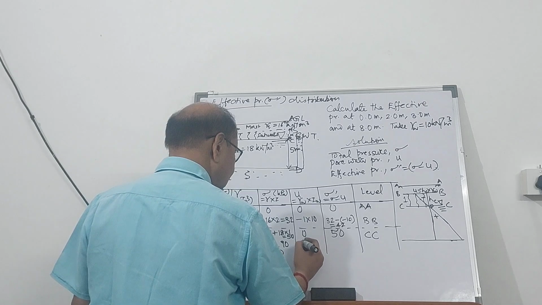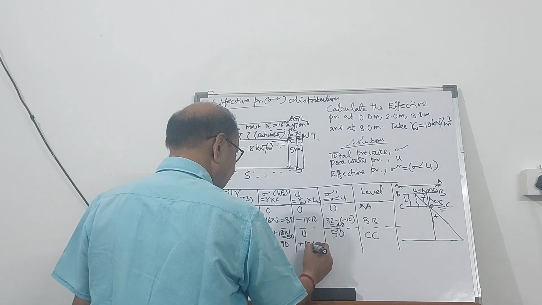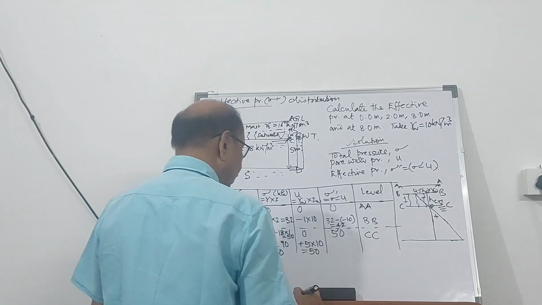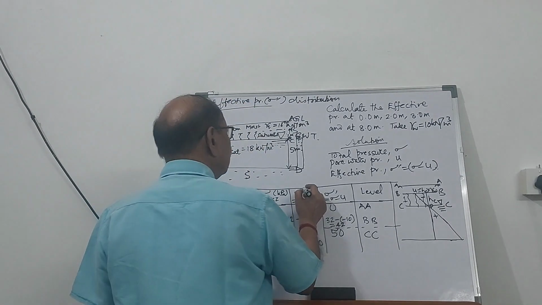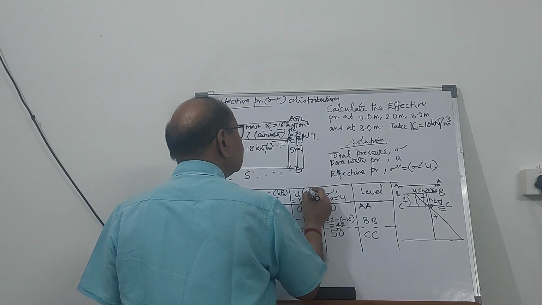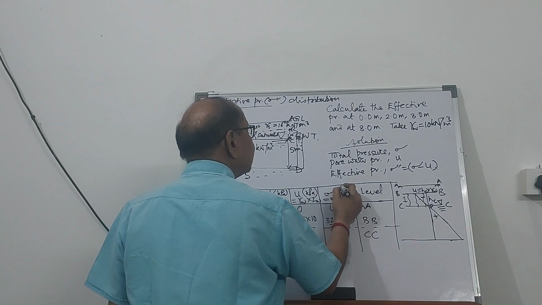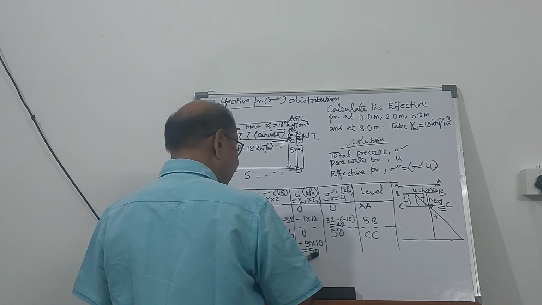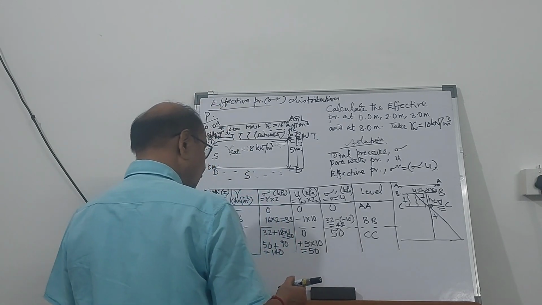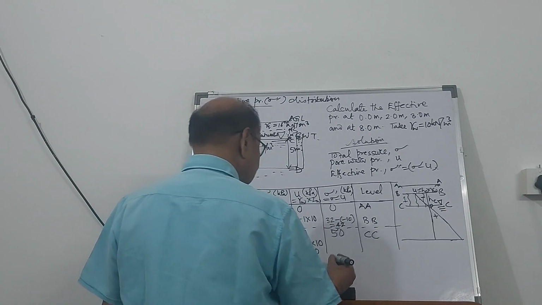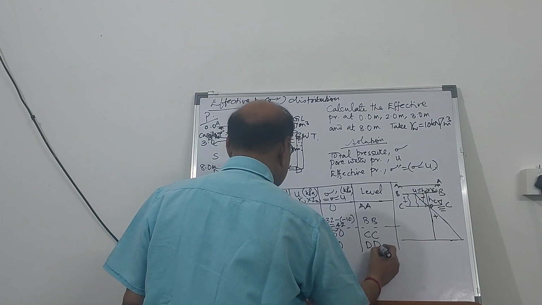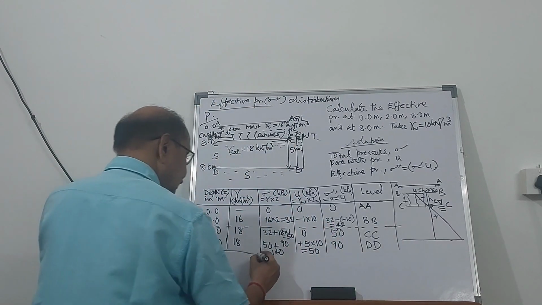So this becomes 5 multiplied by 10 is 50 kilopascal. So U in kilopascal, and the effective pressure will be also in kilopascal. So therefore, 140 minus 50 is going to be 90 kilopascal. This will be at DD.